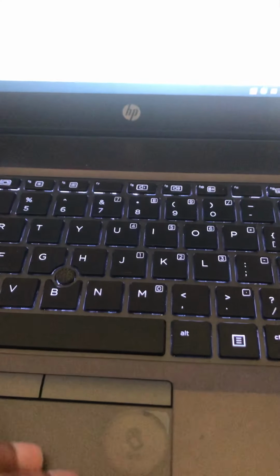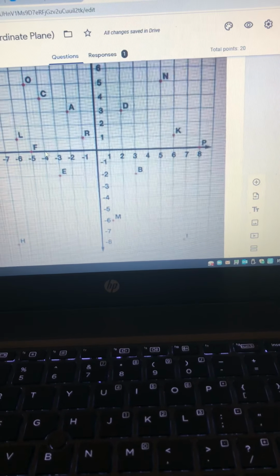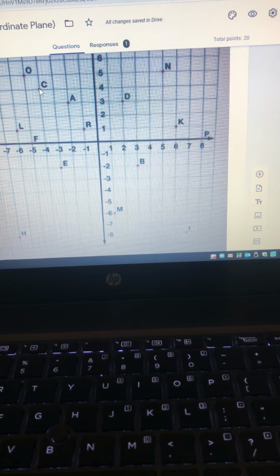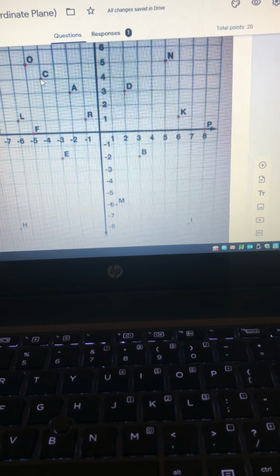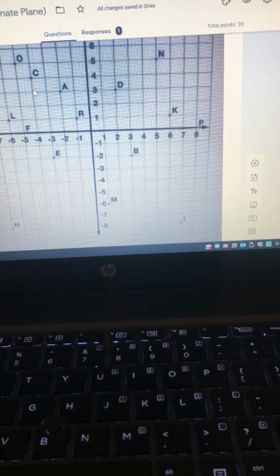All right. We're going to go over to the left and then up for number 5. I'm sorry. Over to the left and then up to C. -4, 4.